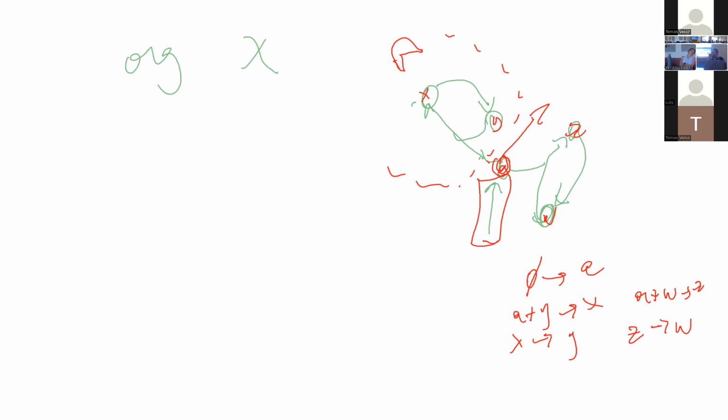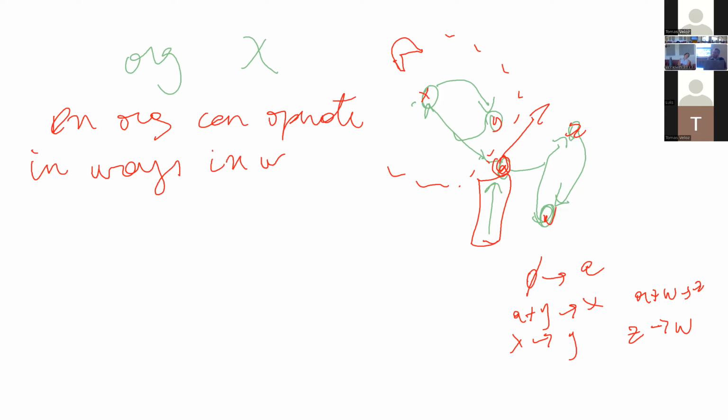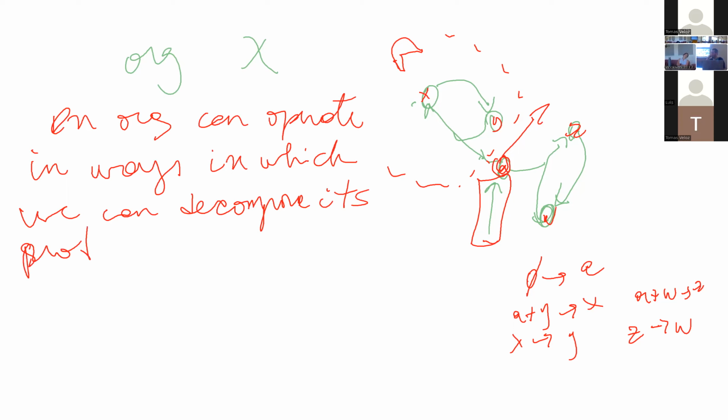So we have a network, and in words, a reaction organization can operate in ways in which we can decompose its productive structure into independent parts.